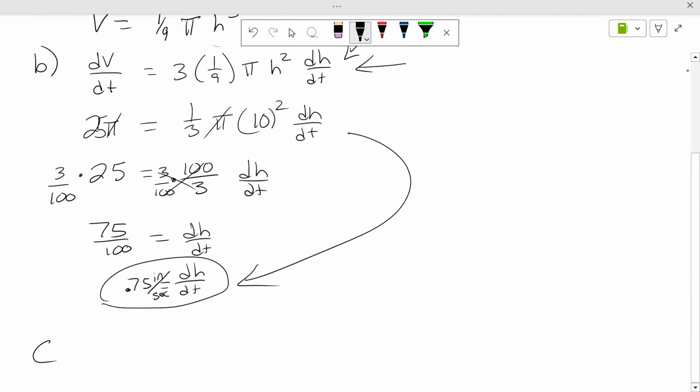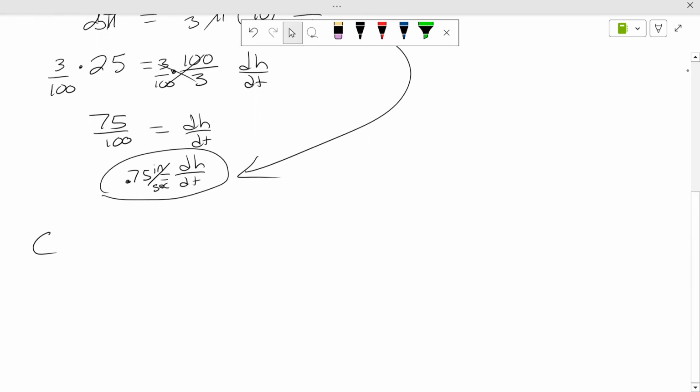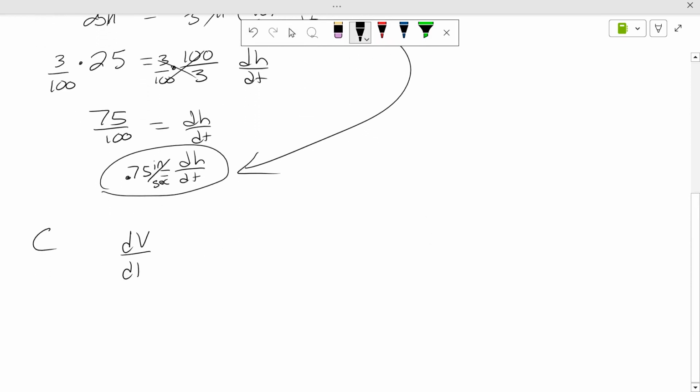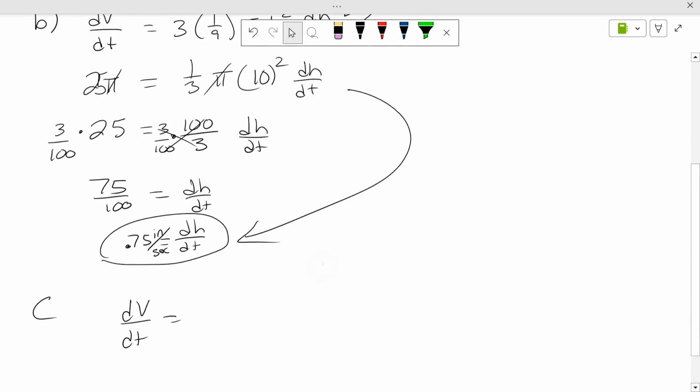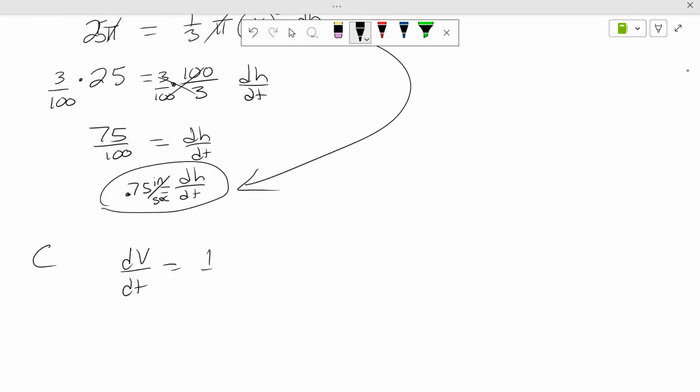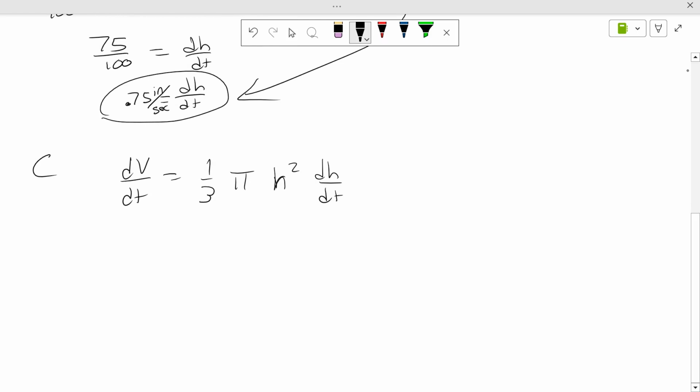We still stay with this same formula. dv dt equals basically 1/3 pi h squared dh dt. And dv dt, we're still at 25 pi. This is still 1/3. This is still pi. We want to figure out what h squared is, and this is 12.